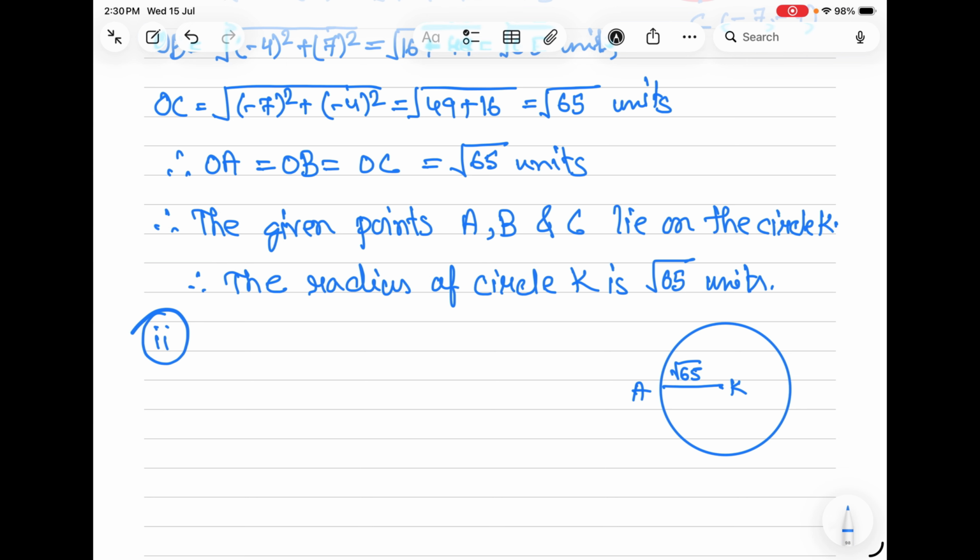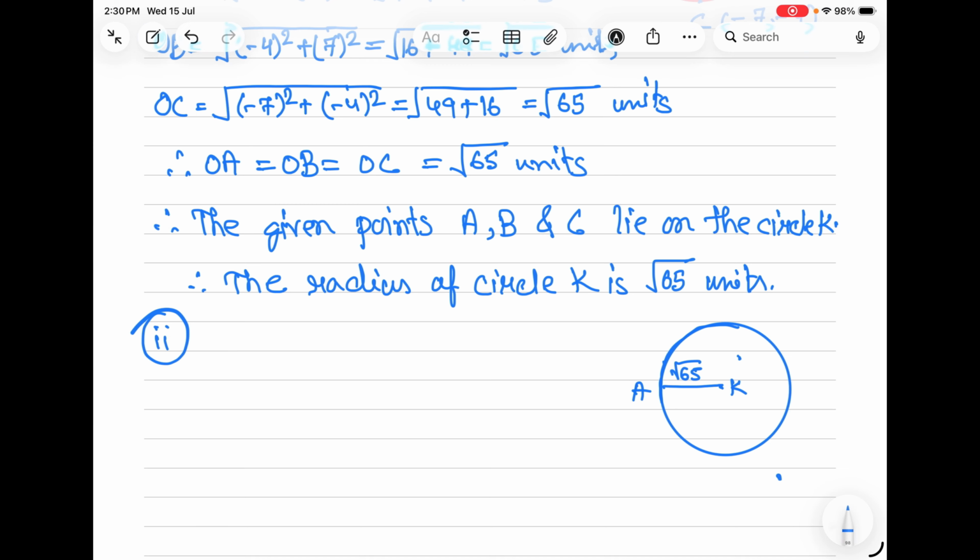D and E are two given points. You have to check whether they are within the circle, outside the circle or on the circle. If the distance of D and E from the origin is square root of 65, equal to the radius, then definitely these two points are lying on the circle.